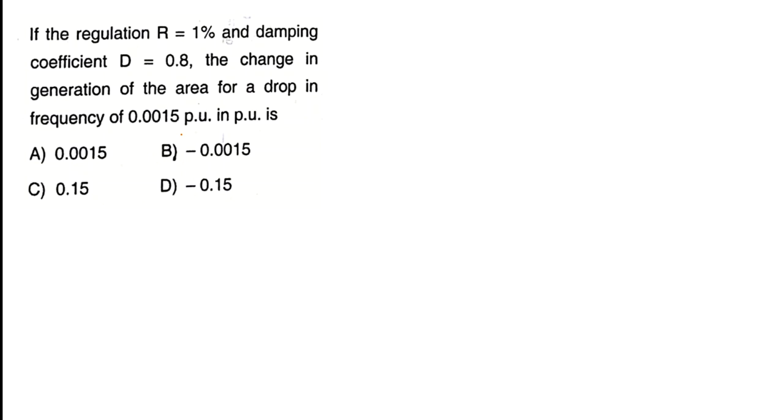in the frequency of 0.015 per unit in PU is, okay, the change in generation contributed by the load is delta Pg is equal to, I'll write it down here, delta Pg is equal to minus change in frequency divided by the R here. Okay, so now the drop in frequency is how much?